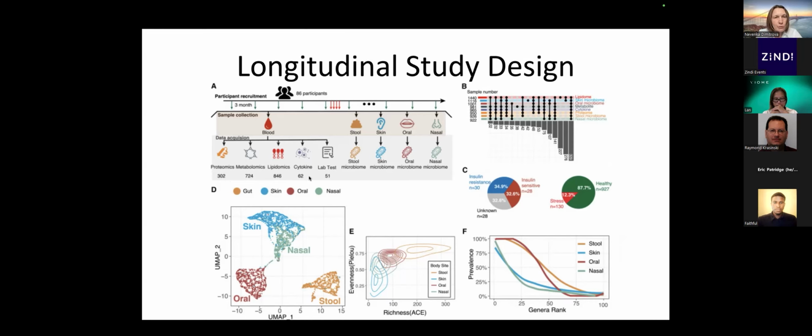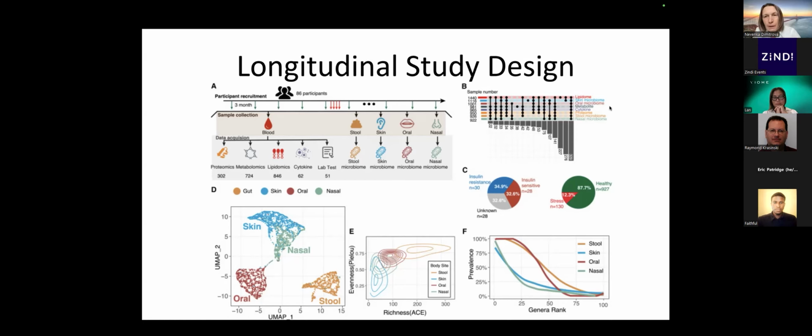Cytokine, there are 62 cytokines, and there are 51 lab tests. Not all the data are available at all time points for all the participants, but the majority of the data is there. And very importantly, for the microbiome data, there are all of these microbiome samples with 16S rRNA technology that are collected over these 4 body sites.